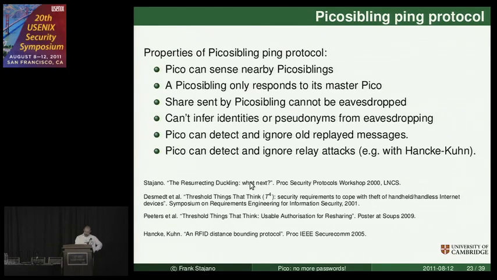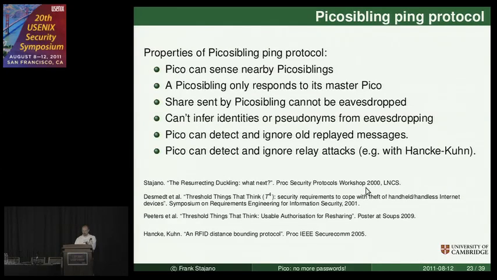So these are a few more references. This is something I presented at the Security Protocols Workshop in 2000 about this family feelings idea, which also came out of a discussion then. This is an independently proposed K out of n secret sharing of what I call Pico siblings to enable a master device to work, and this is something that Bart Preneel told me yesterday had been published in 2001.